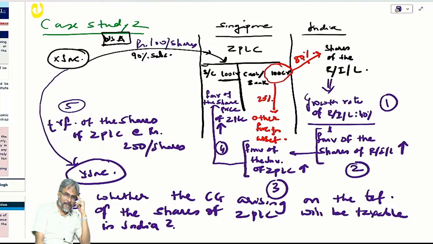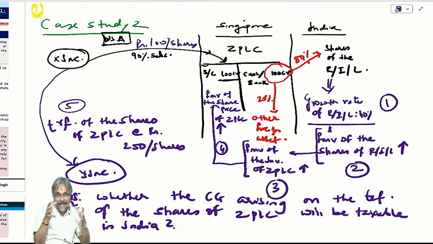So see what has happened from question 1 to question 2. What has happened? Base erosion and profit shifting. Do you all agree? From the base which was there in India, it got shifted to Singapore.